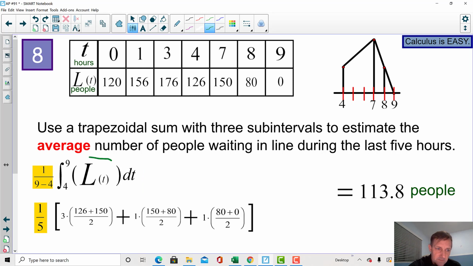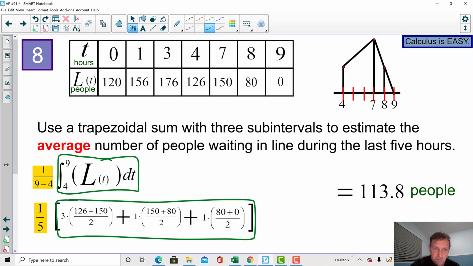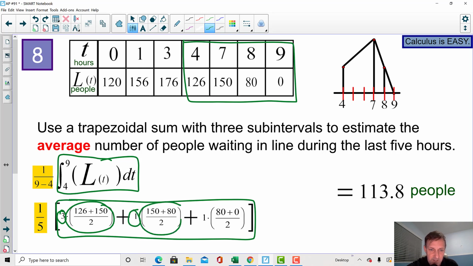And it does ask us to use trapezoids to estimate this integral. So that's what you see down here. We're using values from the table, and we're estimating this integral by using 3 trapezoids. And we're just calculating them separately. So the width of the first one is 3, and then here's your average height. The width of the second one is 1, and then here's your average height.